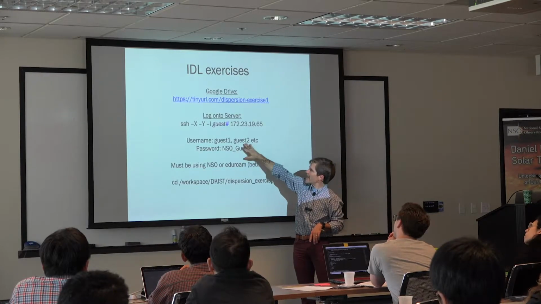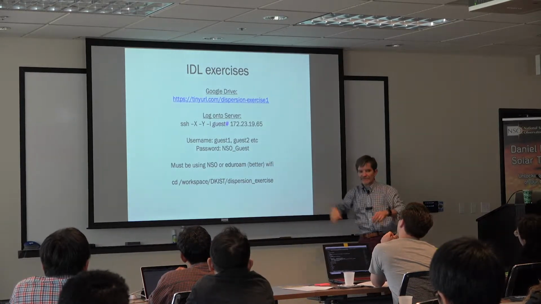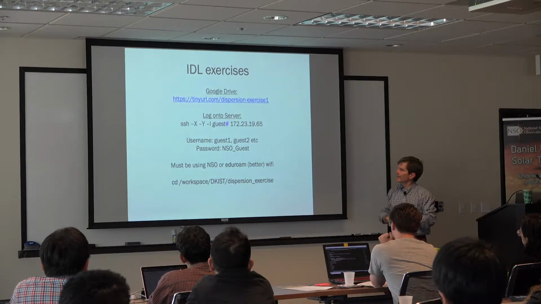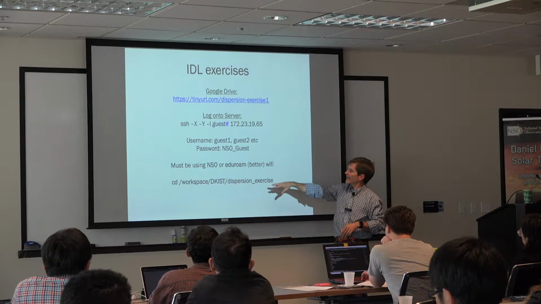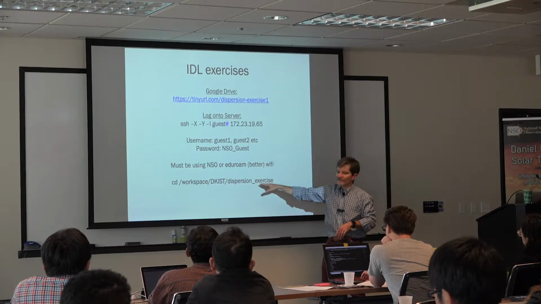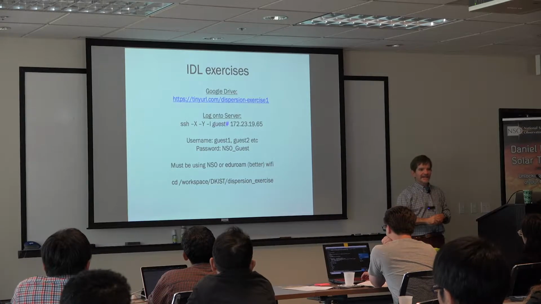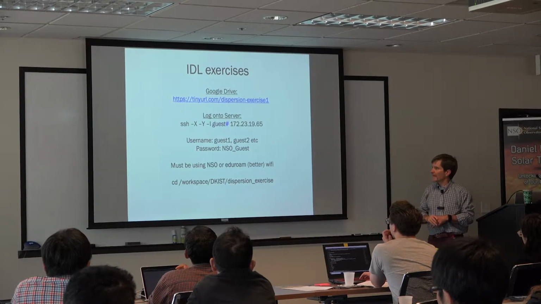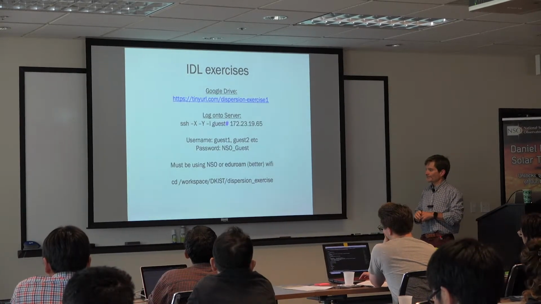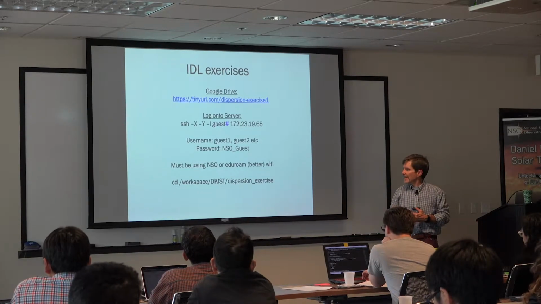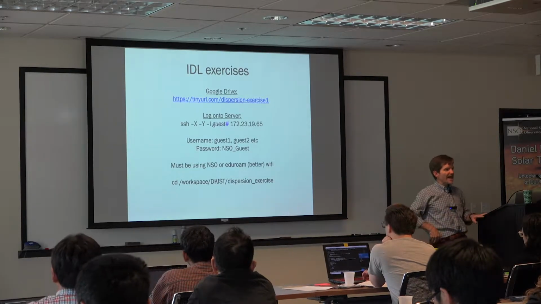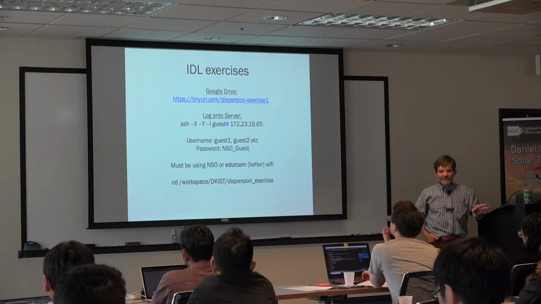There's a series of guest accounts, guest 1, 2, 3, 4, and so on. This is the password to log in. Then if you change into this directory, you can call IDL and run the program from there and try it out. And if people need help with that, or if there's any questions.